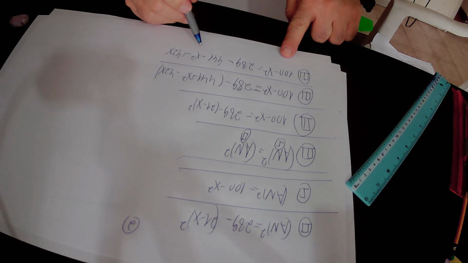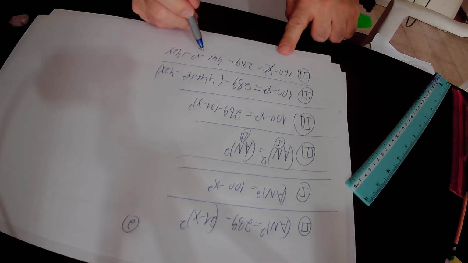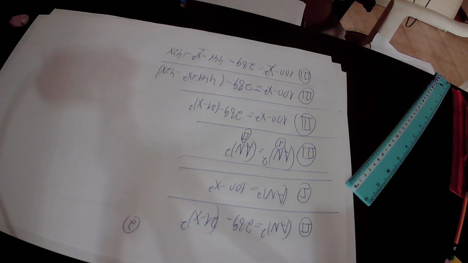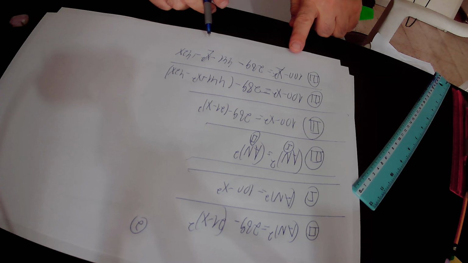So here we have minus x squared on both sides of equation 3, so minus x squared will get cancelled.